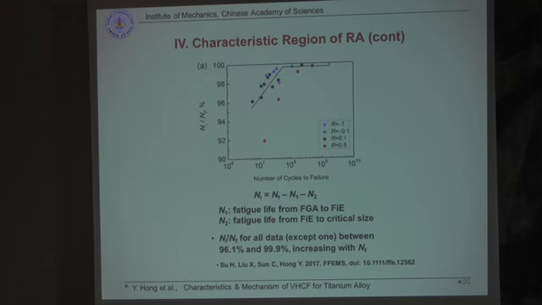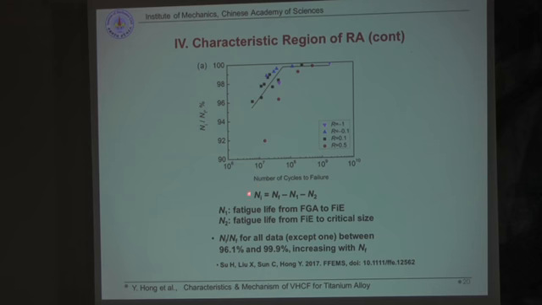And then we try to estimate the fatigue life consumed by the RA region. The method is we obtain the total fatigue life, and we may obtain the life from the eye to the fisheye, and also from the fisheye to the final critical size.